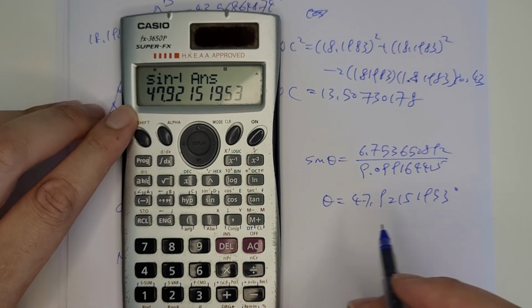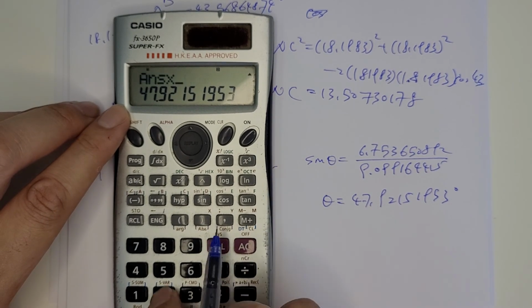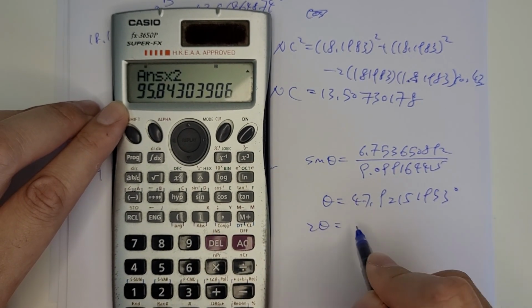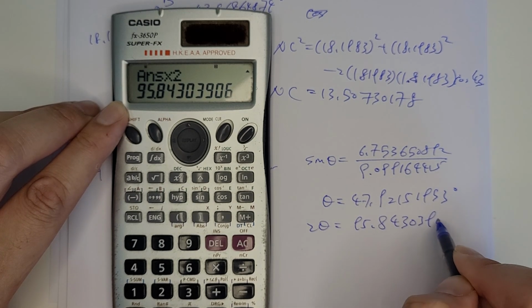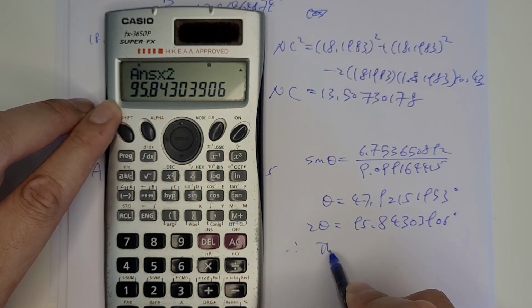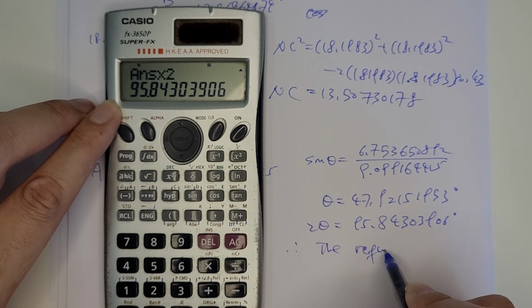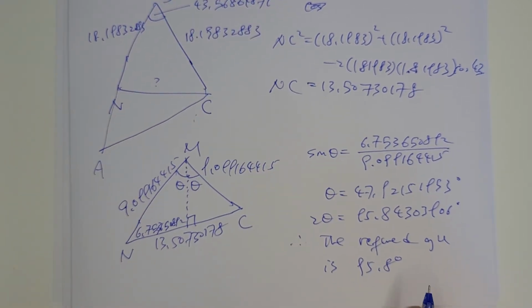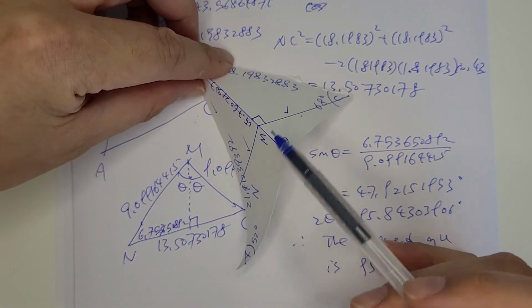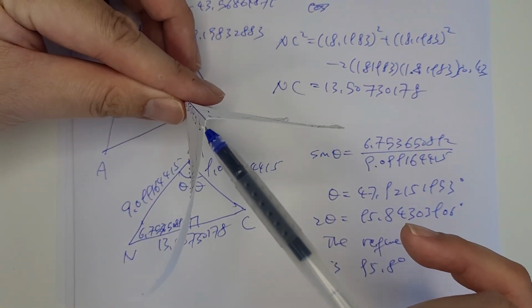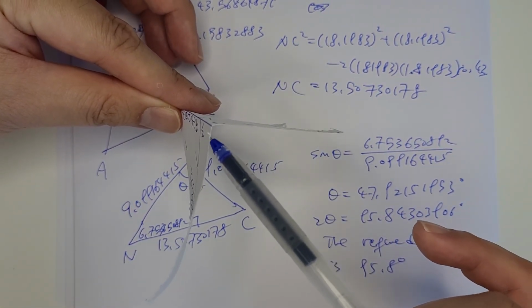When you get this one, you need to multiply by 2. 2 theta is 95.84303906 degrees. Therefore, the required angle is 95.8 degrees. That means the angle between these two faces, the angle inside here, is 95.8 degrees.